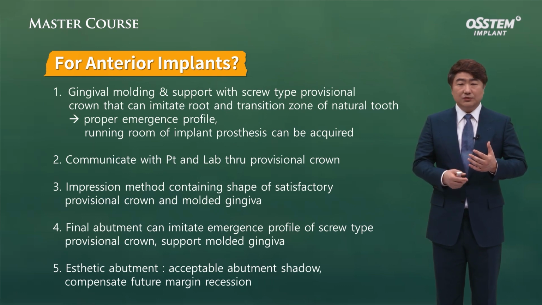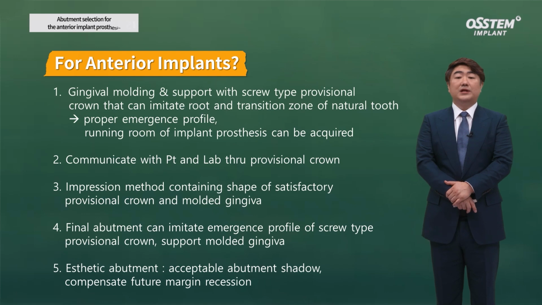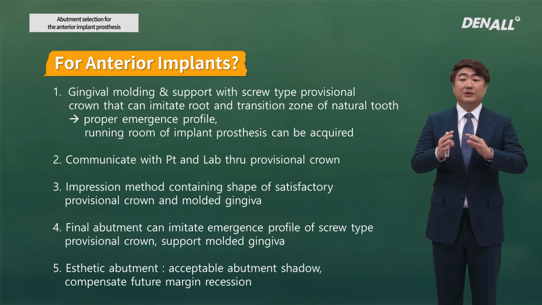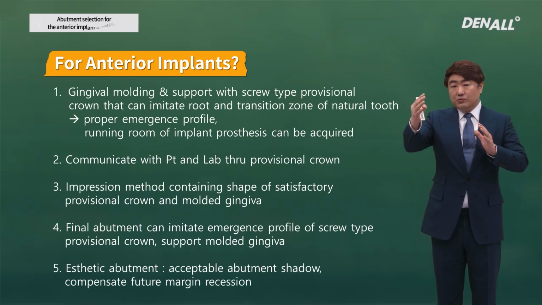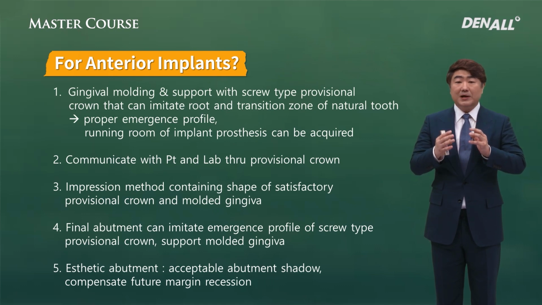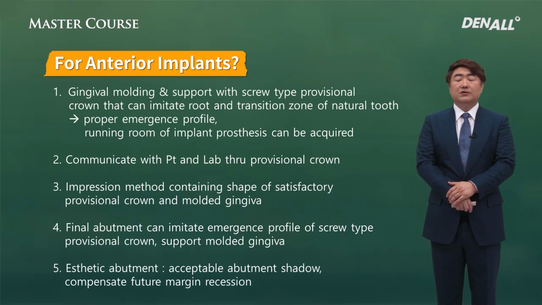And with the proper remodeling, if the gingiva is formed, then the shape of the provisional that the patient was satisfied with, plus if the gingiva, even the internal running room, is formed in a way that can be eliminated, you take an impression, and with that you make the final abutment.